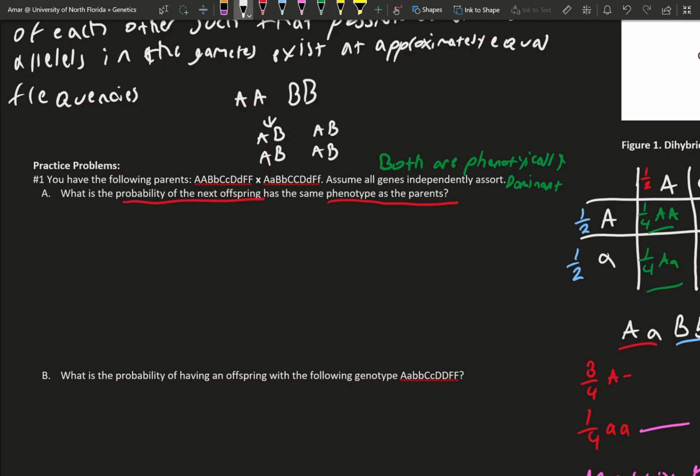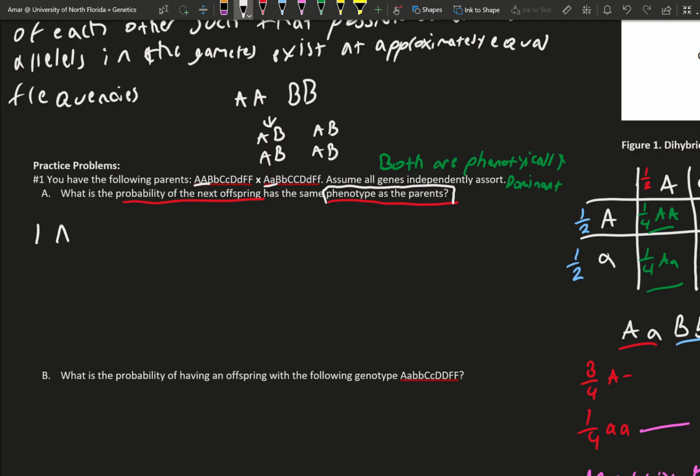Okay, so let's start off our crosses, and because we're looking at the phenotype proportions, we're only going to be looking at the phenotypic ratios instead of the genotypic ratios. So let's get started. You were crossing big A little a with big A, or big A with big A little a. The phenotype proportion to get big A is simply 100%.